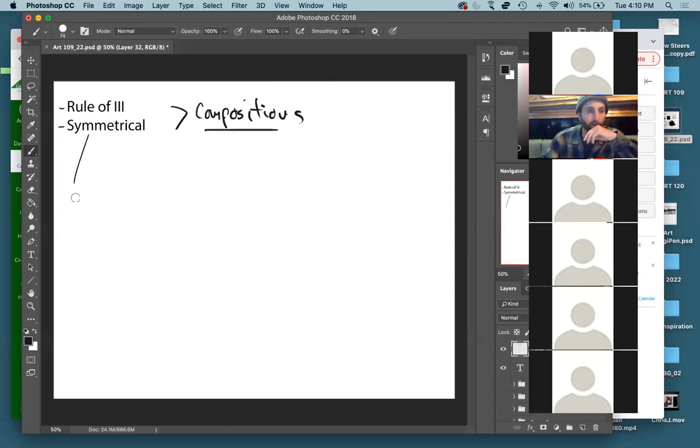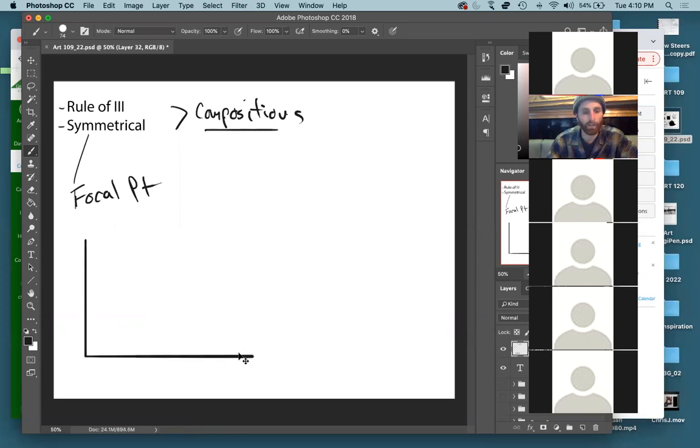They are both related to the focal point. It's basically when you're starting a composition and you're wondering where to put the focal point. So let's make two simple compositions.